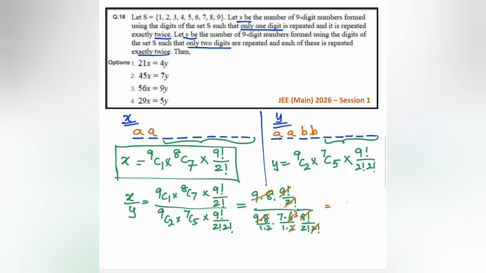So finally I'll be getting 2 by 21. So finally I'll be getting 2 into 2, 4 by 21. Therefore the answer is 21x is equal to 4y. So first option.